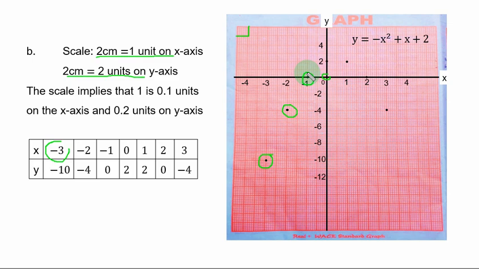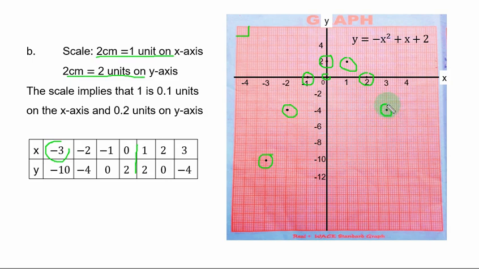When x is 0, y is 2; this is where I am now, so you plot that point directly on the y-axis. The next point, when x is 1, y is 2. When x is 2, y is 0 on the x-axis. When x is 3, y is minus 4.